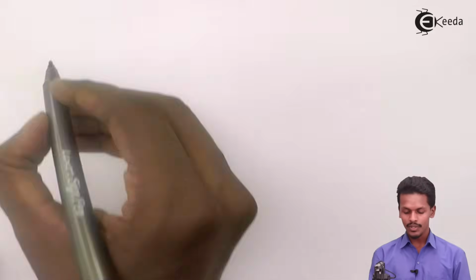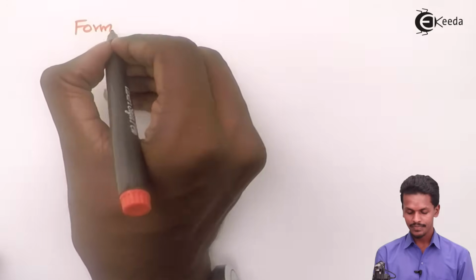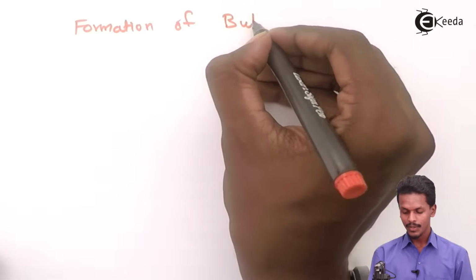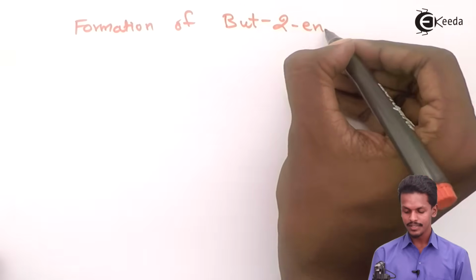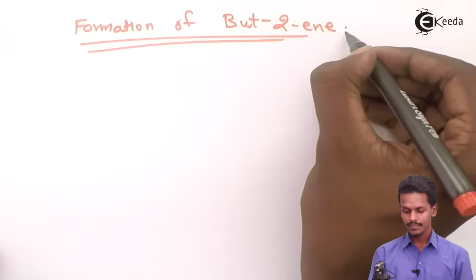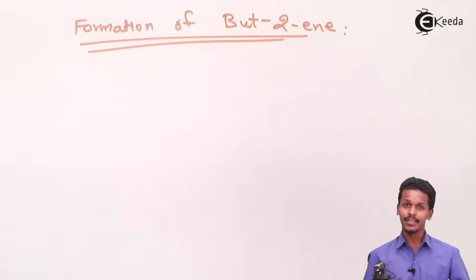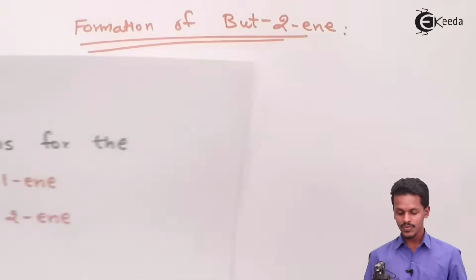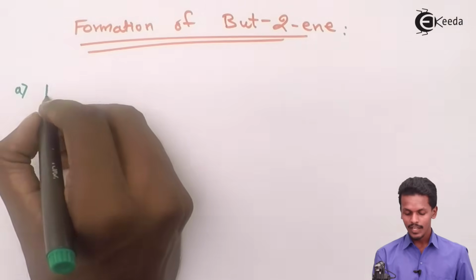Now we are going to talk about the formation of but-2-ene, again from the same conditions that we discussed earlier, because the question has been given to us, that is we have to prepare it from an alcohol, from an alkyl halide, and from vicinal halide. So talking about the first one, that is from alcohol.